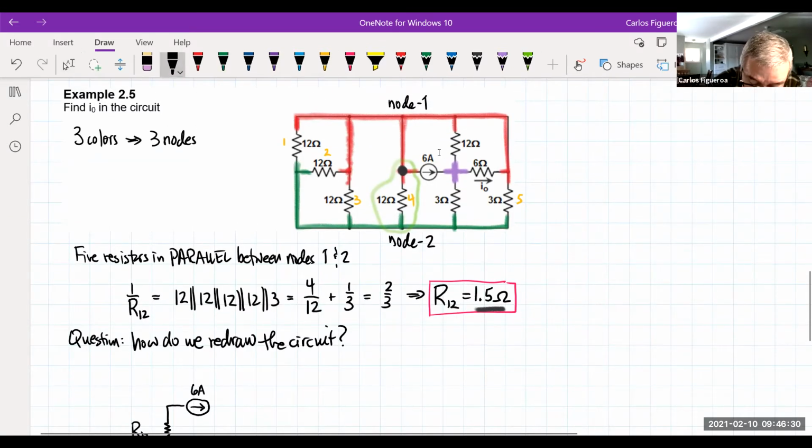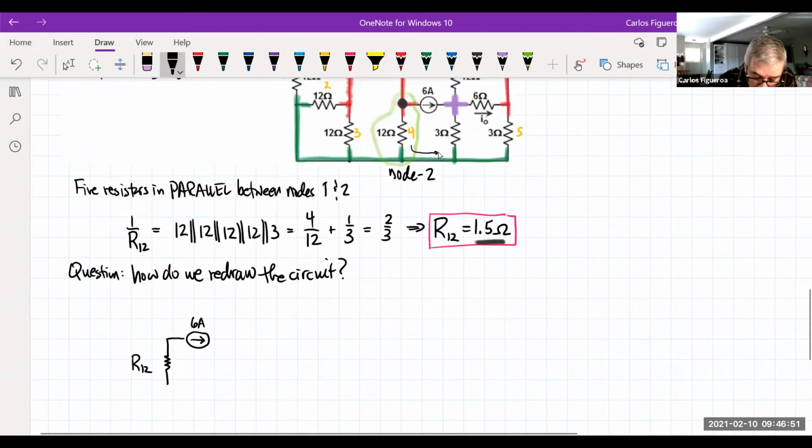Now I'm going to go along this direction. As I go along this direction, note that the 3 ohm resistor 5 here is connected to the red and the green. But that guy is gone now. Why? Because I folded it into the R12. Then I come around and draw my 3 ohm resistor.